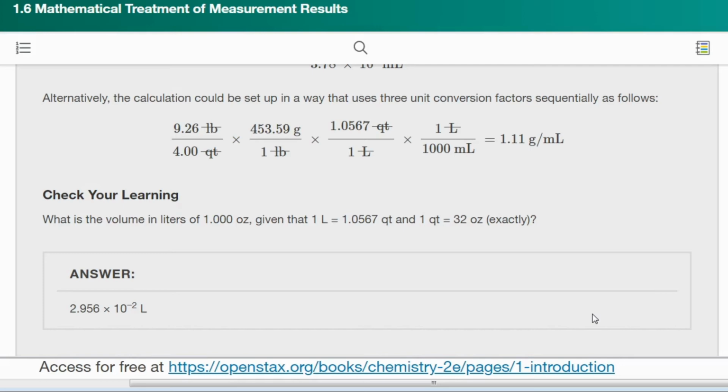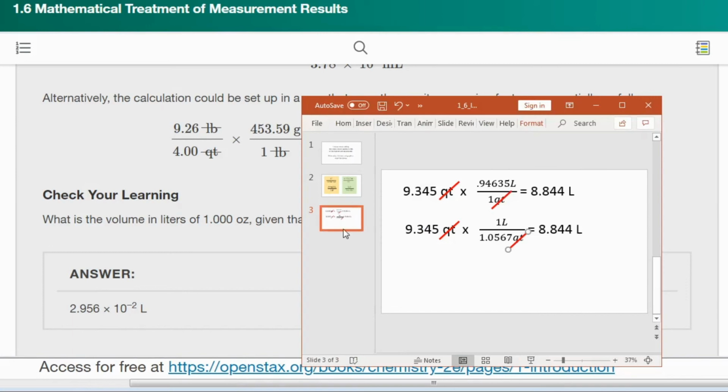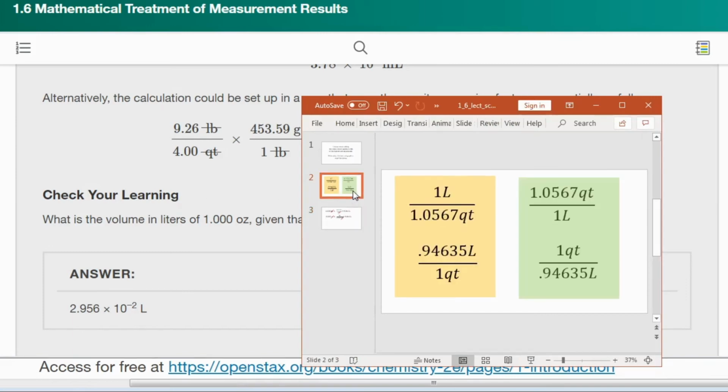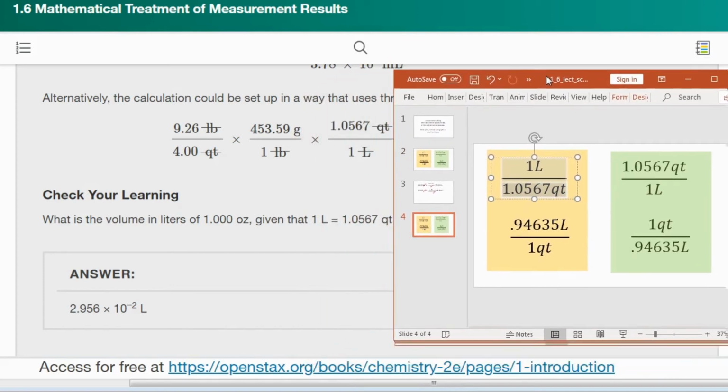Okay, there are various ways to do this. Let's set up some conversion factors. Now remember, the final volume we want is in liters. This was from an earlier slide.